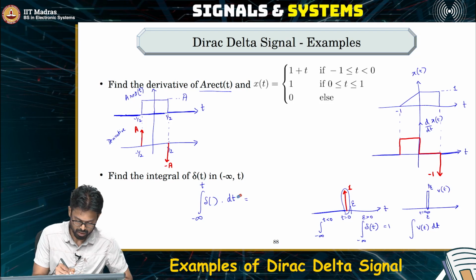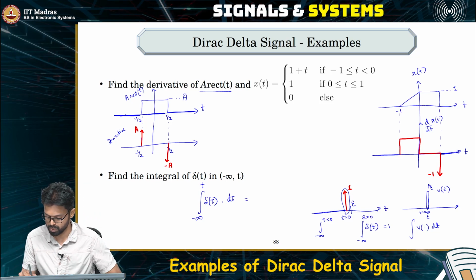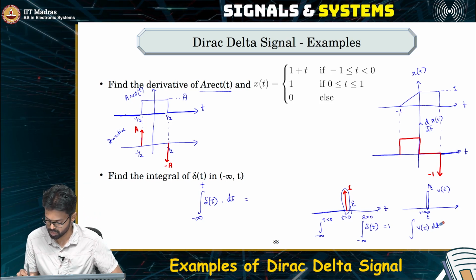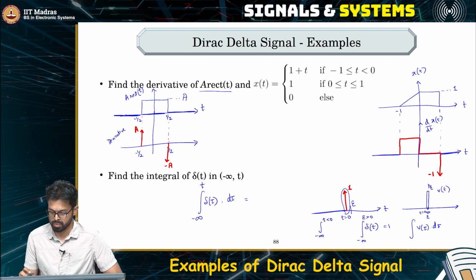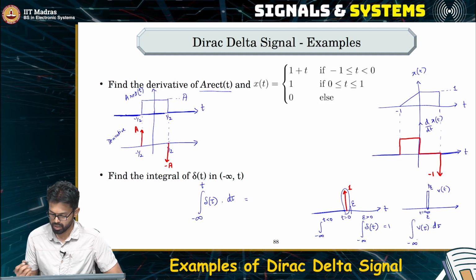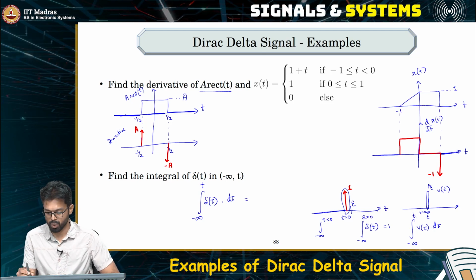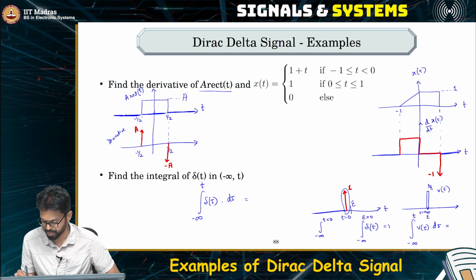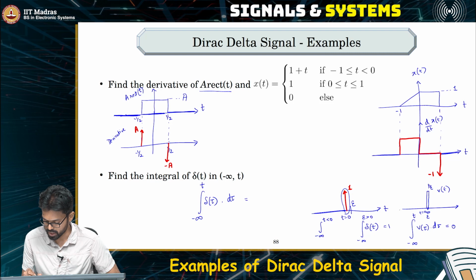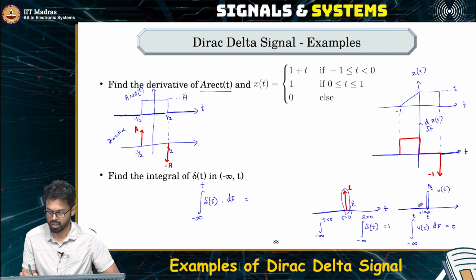Okay, maybe let's avoid confusion and call this tau, from minus infinity to t. This epsilon is so small that as long as t's value is negative, this integration is going to be 0, because there is no signal here, the signal is basically 0.